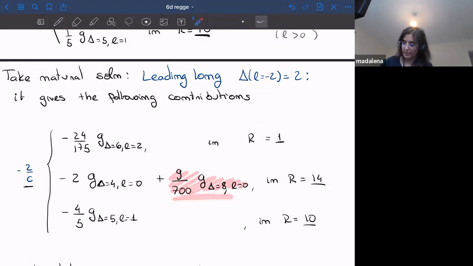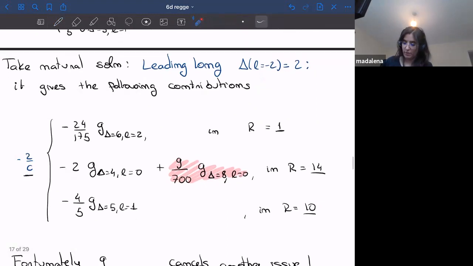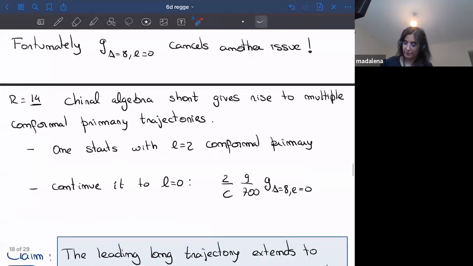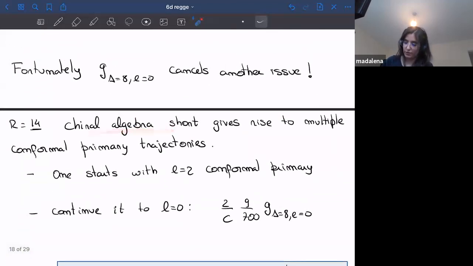There is this weird guy that comes along that shouldn't exist, this scalar of dimension 8. But it turns out this actually cancels another issue that existed, which was a spurious contribution from a chiral algebra short, which gives rise to multiple conformal primary trajectories in this 14 R-symmetry channel.